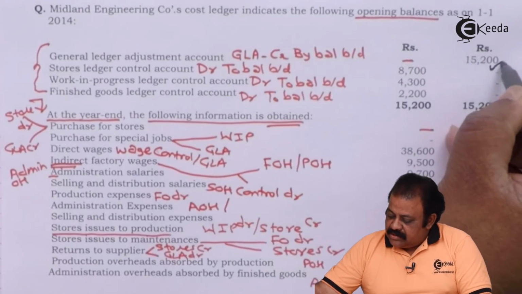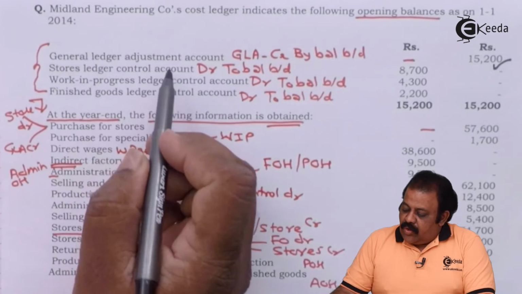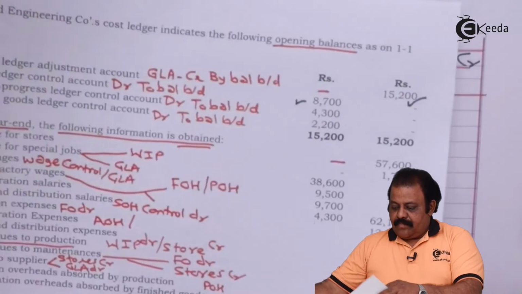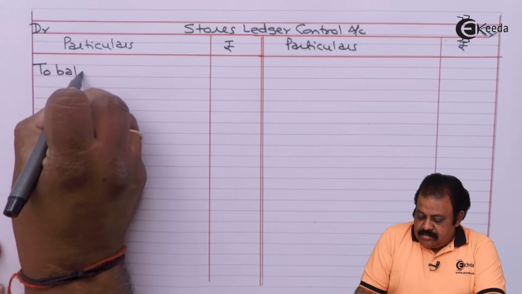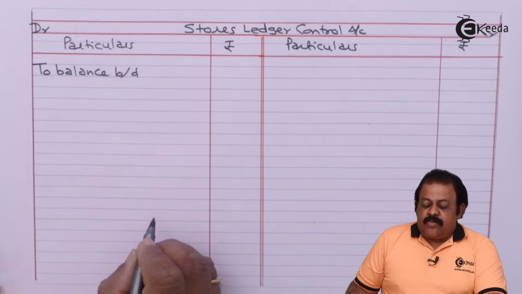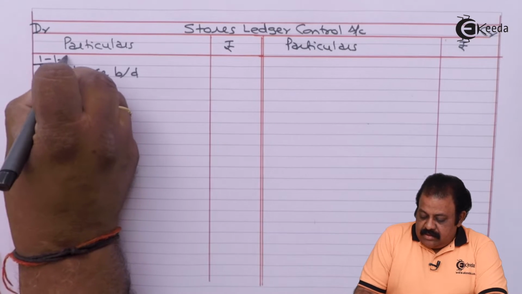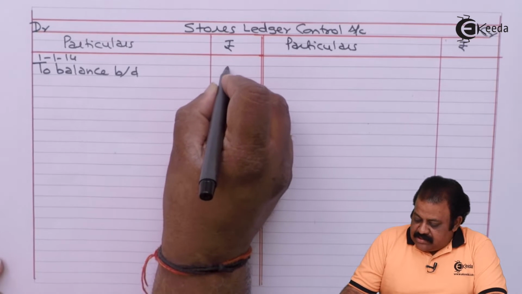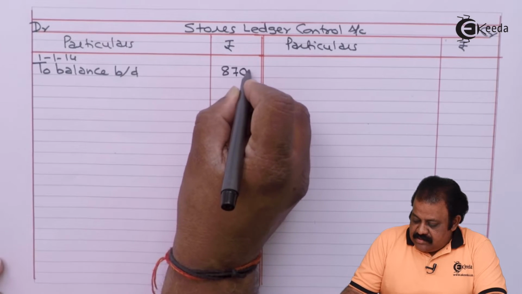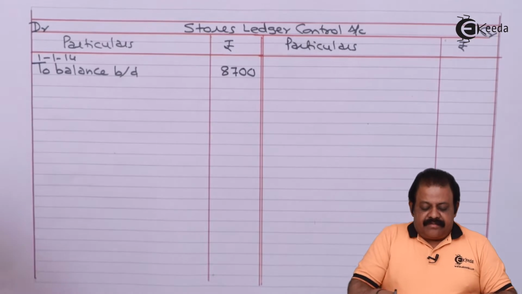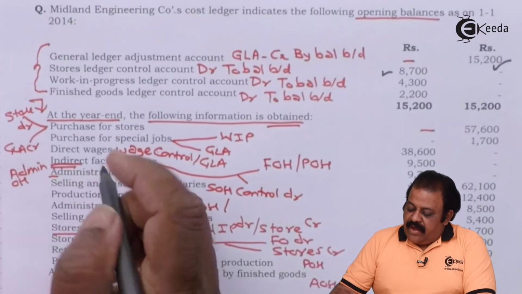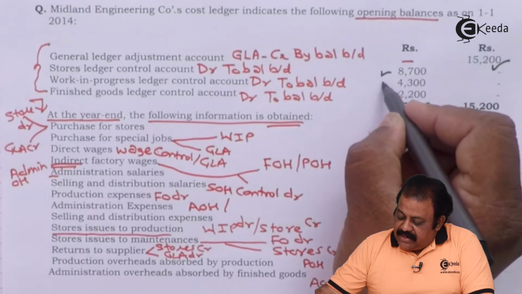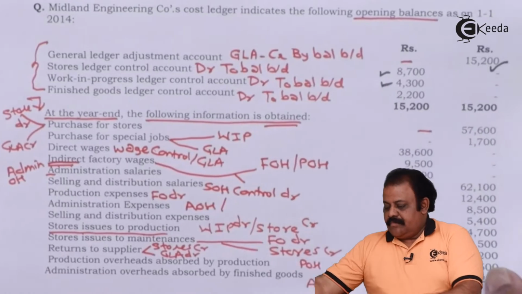We have recorded this. Store ledger control account, debit balance opening 8,700. To balance brought down as on 1st January 2014, amount is 8,700. Next we have work in progress ledger control account, opening balance debit 4,300.